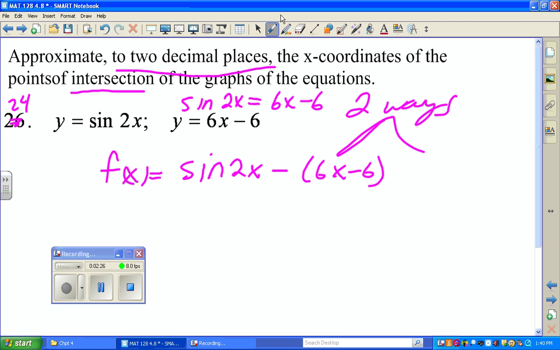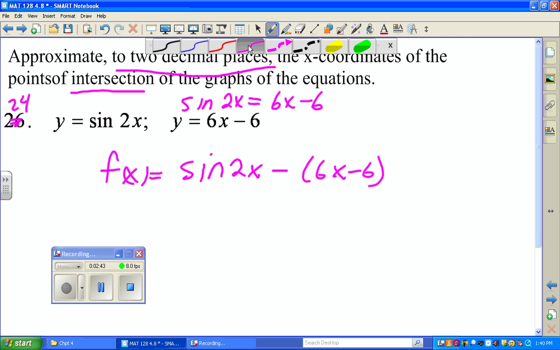Now, I'm using Newton's method because I'm looking for the zeros. The other way to do it is to graph it on your calculator and find the intersection points. But we're using Newton's method for approximation. That leaves us only 1 way of doing it. So, I'm going to graph it out like this, and I'm going to use Newton's method to approximate the zeros.